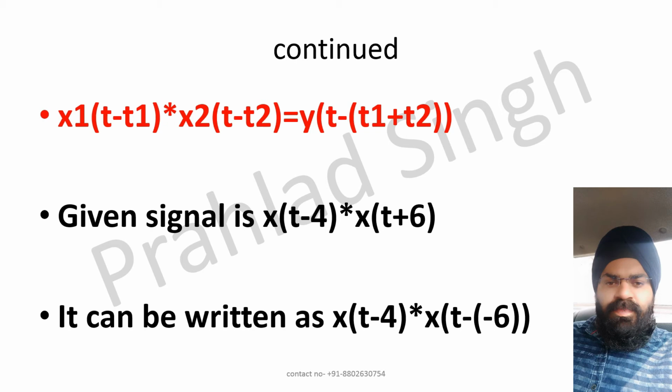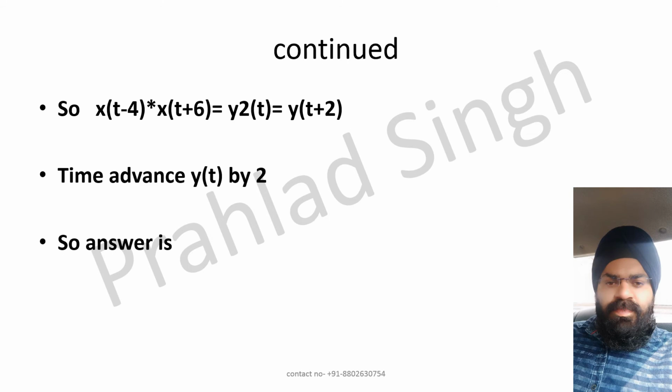So back to the given signal. The given signal is x(t minus 4) convolution with x(t plus 6). We will write this as x(t minus 4) convolution with x(t minus (minus 6)). So x(t minus 4) convolution with x(t plus 6) is equal to y2(t), and it is written as y(t plus 2).